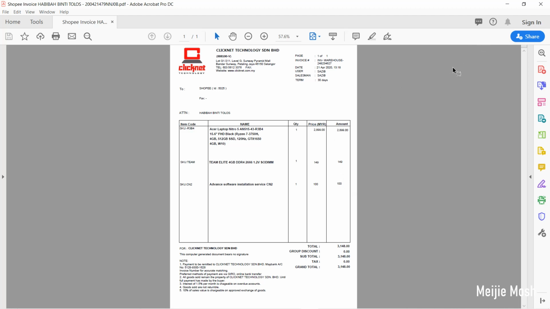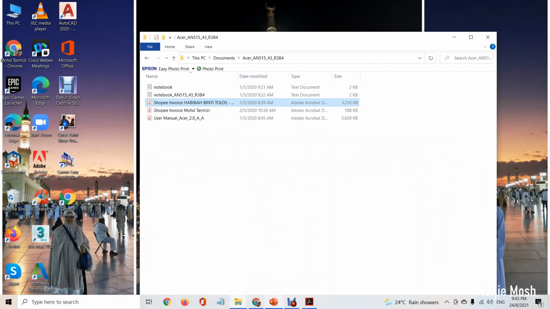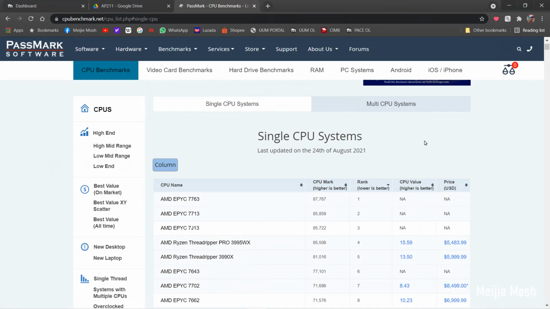When I first bought this computer and compared the rank in the CPU benchmark, it was about 150. The rank is between 150 to 160, I'm not quite sure, but it is less than 200.